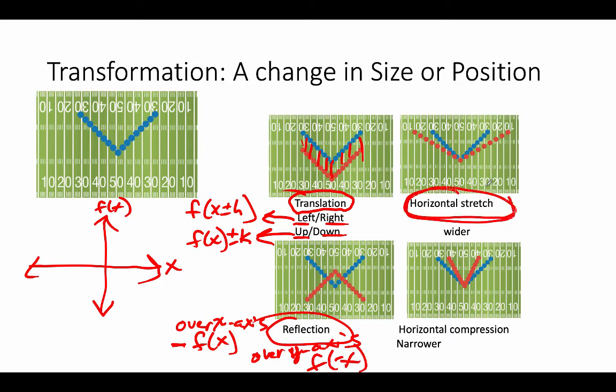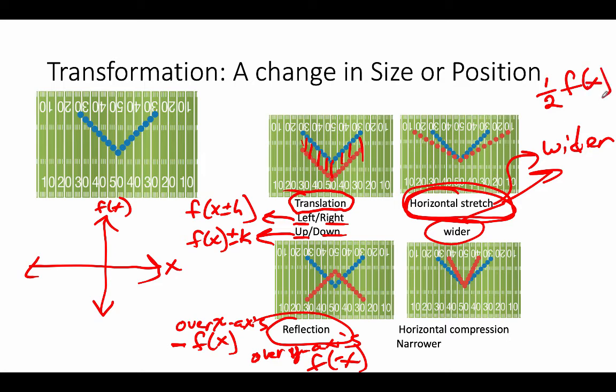Horizontal stretch is going to make it wider. I would rather you think of horizontal stretch as wider. I don't care if you know the difference between horizontal stretch or horizontal shrink. Oh, it's wider right there. That's this one, and that's going to be when you multiply by a fraction. We multiply the whole thing by a fraction. And then down here, we're going to go narrower. We're going to go up faster.